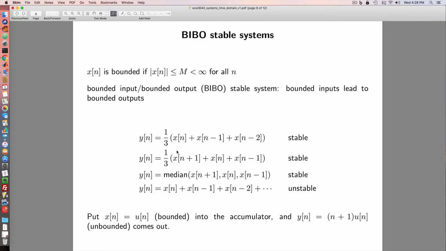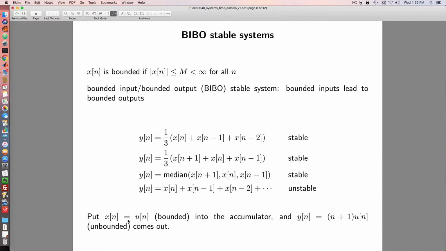So the two moving averages that we've seen before are stable systems, because if the input is bounded, let's say less than or equal to 1 in magnitude, then the output can never be larger than the sum of those three values. It can never exceed some other bound. It might be a bigger bound, but it's still bounded. The median filter is stable, but this accumulator is unstable.